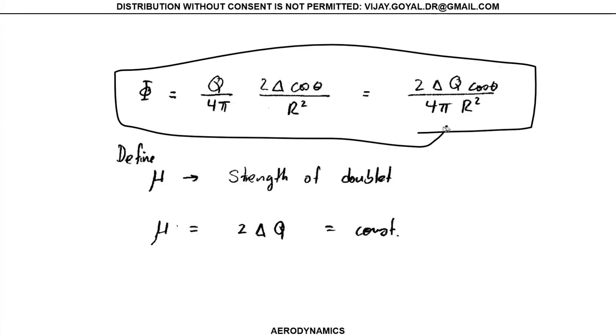Now, typically we use mu to represent the strength of the doublet, and the strength of the doublet would be, if you look at here, 2 times delta Q. That is the strength of your doublet, and it's a constant.